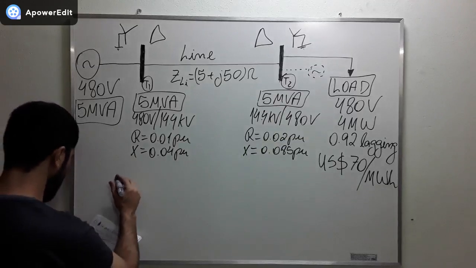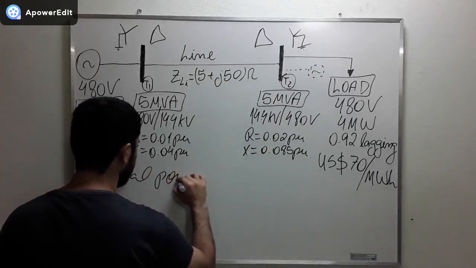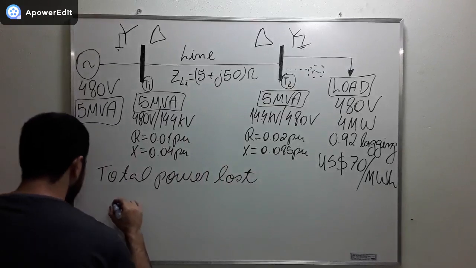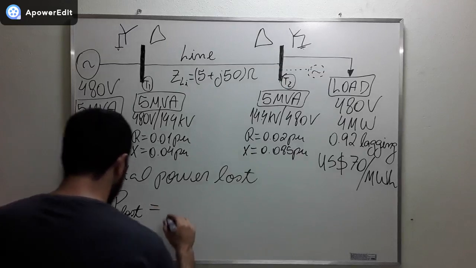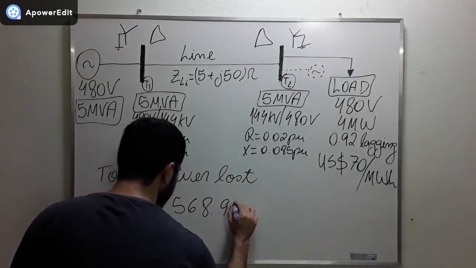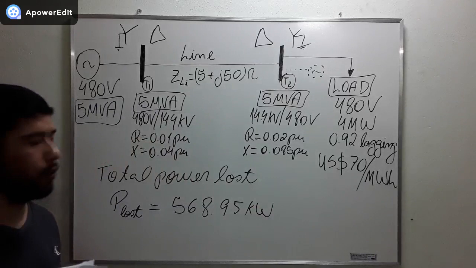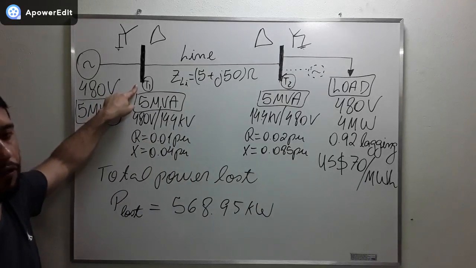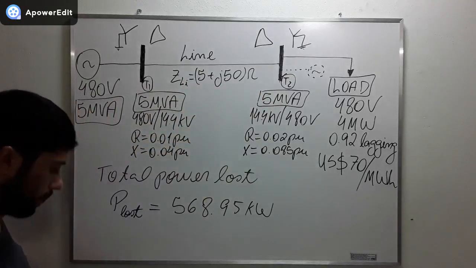The total power lost is going to be 568.95 kilowatts. This is the total power lost along transformer number 1, the transmission line, and transformer number 2.